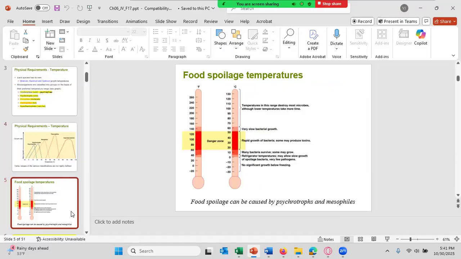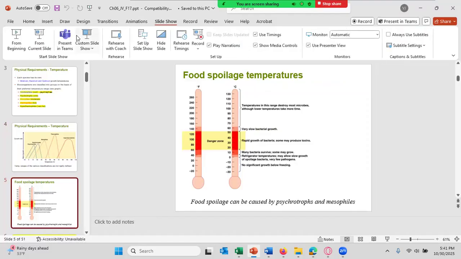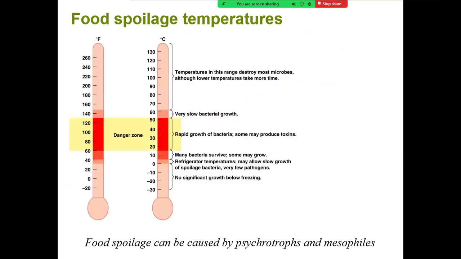When we're talking about temperatures, you should realize that food spoilage happens when something is left between 60 degrees Fahrenheit and about 130 degrees Fahrenheit.